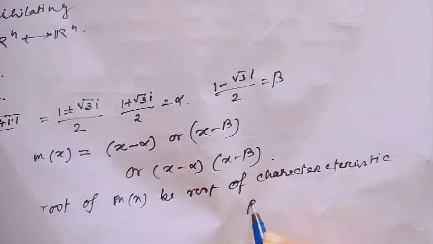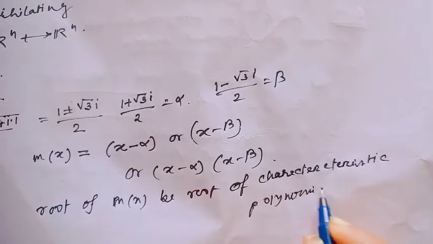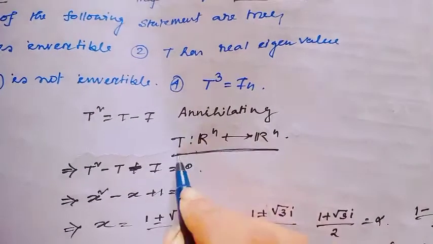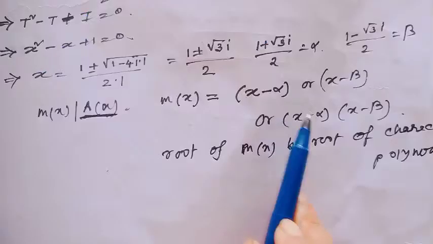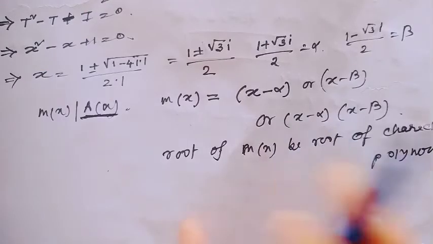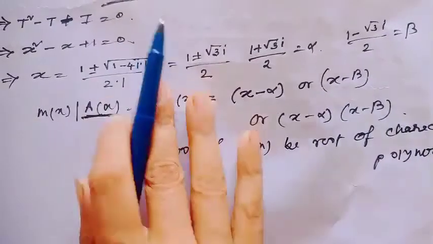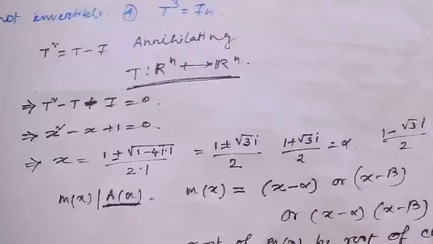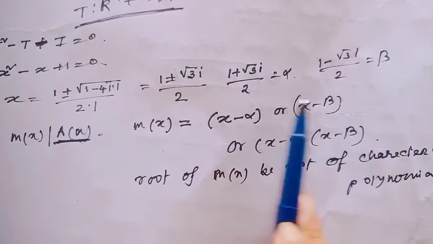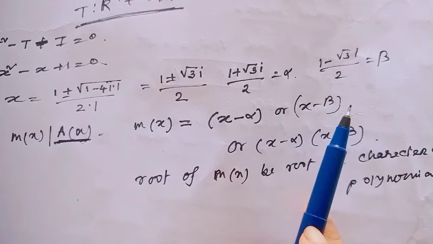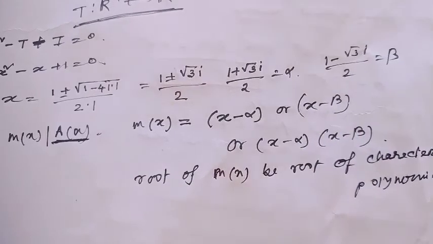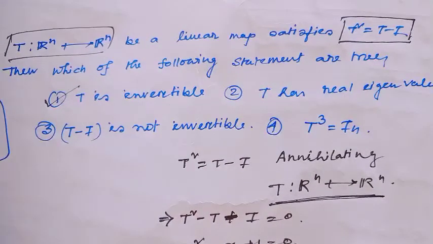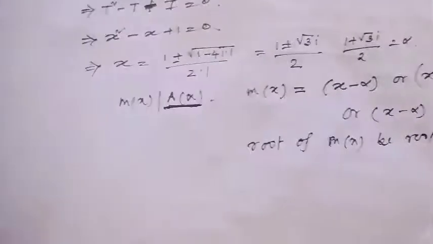Characteristic polynomial. Notice here T is a linear transformation from Rn to Rn, so roots can be repeated, and since the roots here are non-zero, obviously T would be invertible, and all roots are complex.